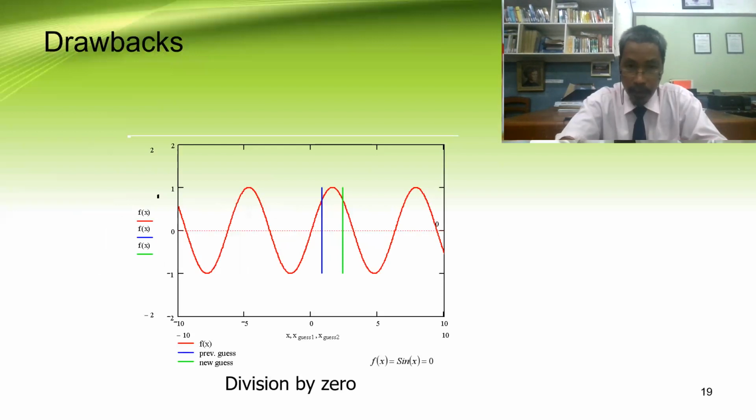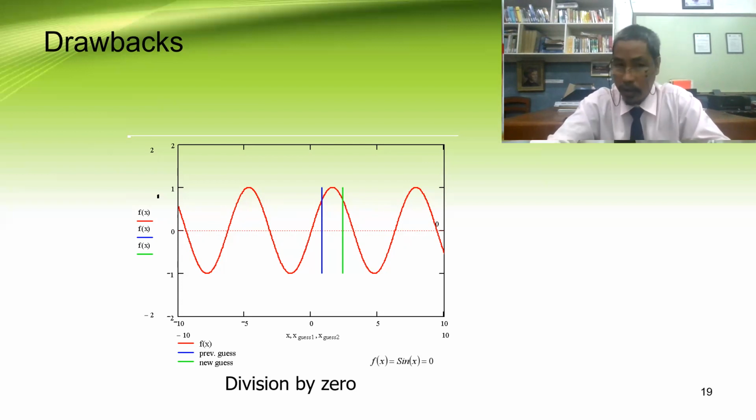And what are the drawbacks then? One drawback is this one. You will notice this is what? A sinusoidal function, which will always give us problems because a sinusoidal function is a periodic oscillating function.